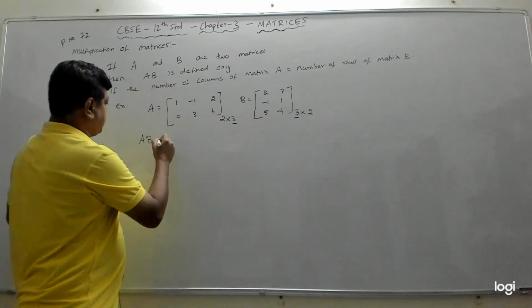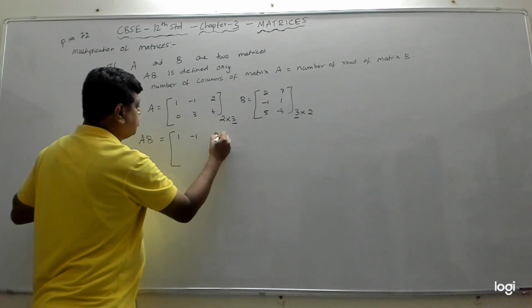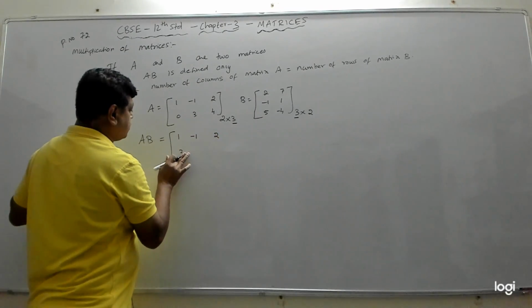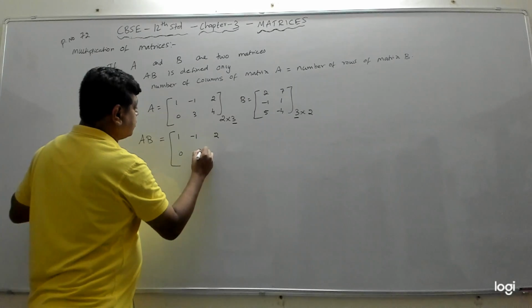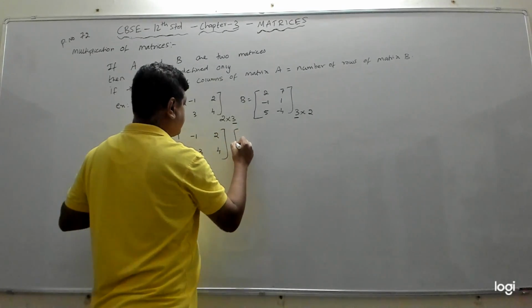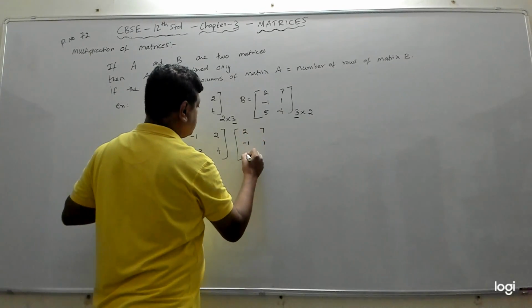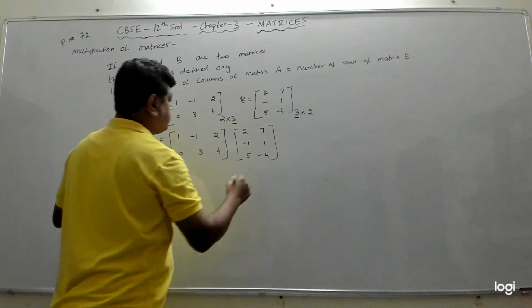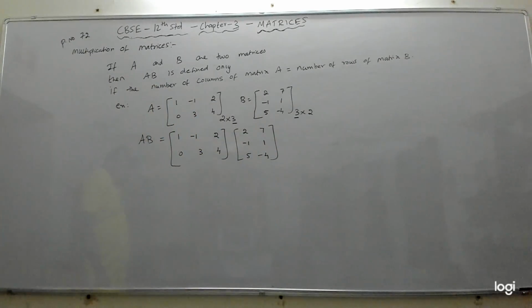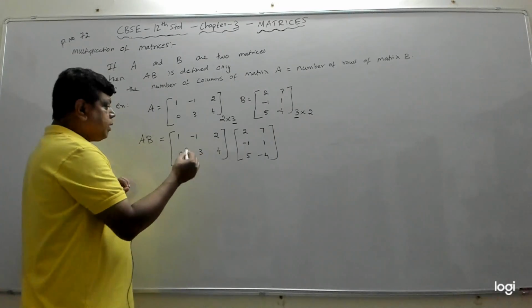So how do we do this? We'll write the matrix A: 1, minus 1, 2, then 0, 3, 4, into the matrix B, which is 2, 7, minus 1, 1, 5, minus 4. Now how to multiply this?